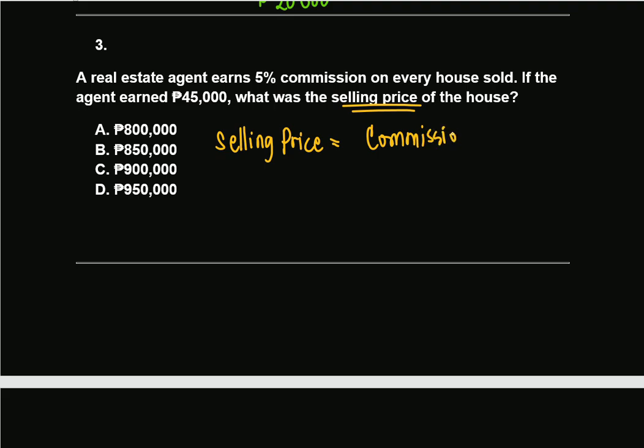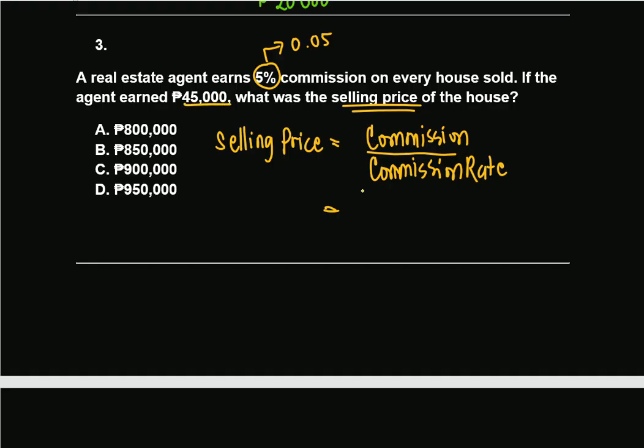Just remember that the commission is always in the numerator over the commission rate. Then we have commission rate that is 5%, so this is 0.05.